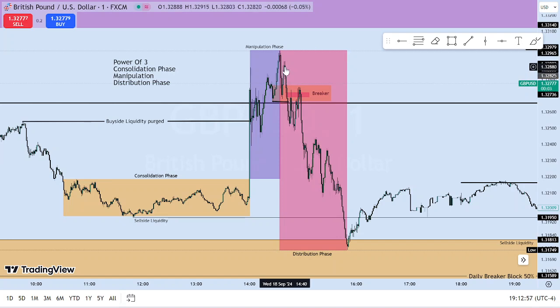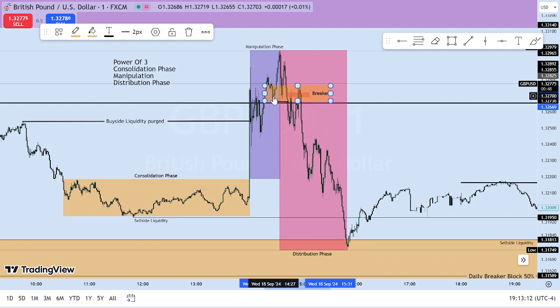At the time of the day, then boom, you had a break of structure, then a little fair value gap there and created a breaker. This candle turns to our breaker, the last close candle between the high, low, higher high.